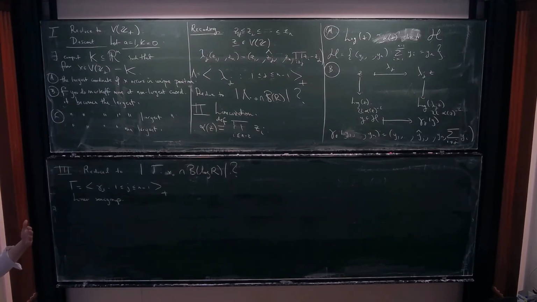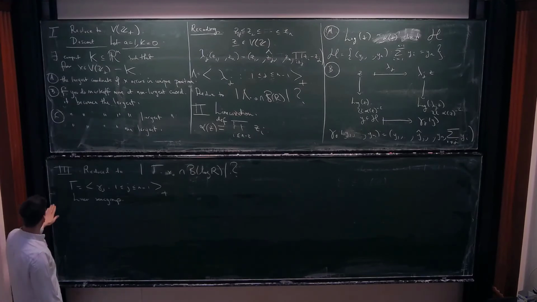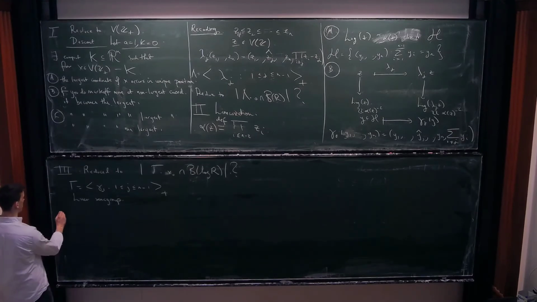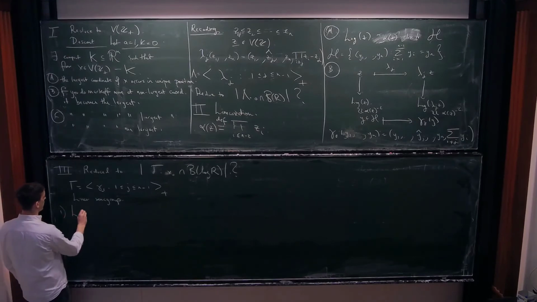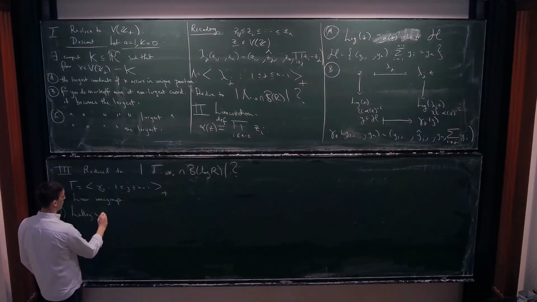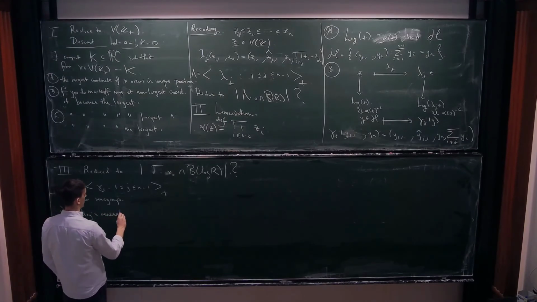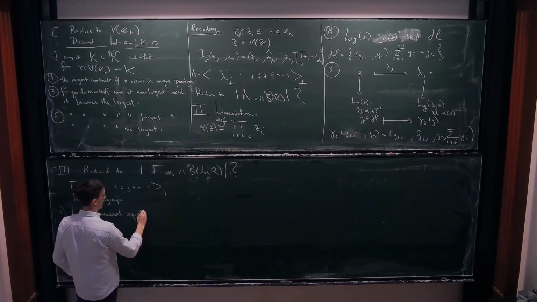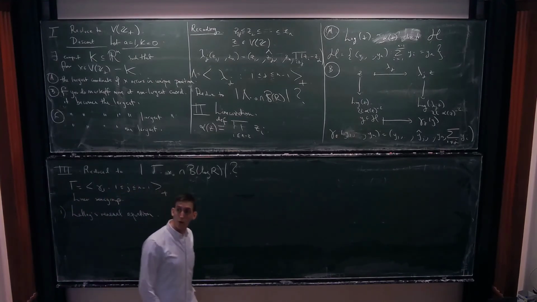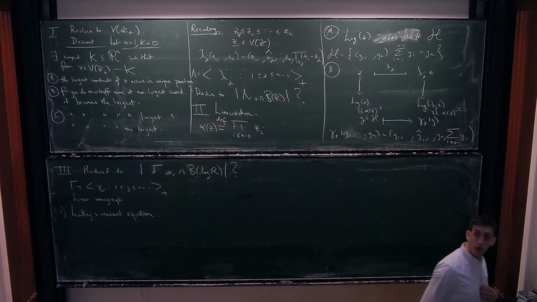We want to count in orbits. The way I like to do it is by the renewal method. So we use Lalley's renewal equation. I'm not going to speak for very long about this because I want to get to the punchline of this talk.